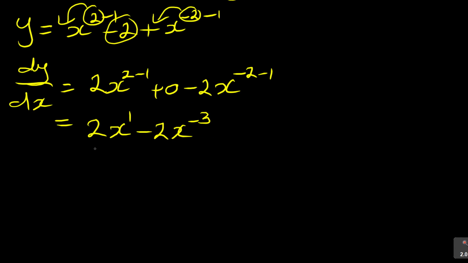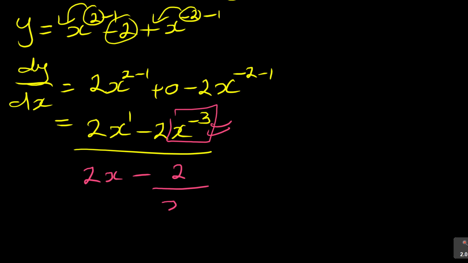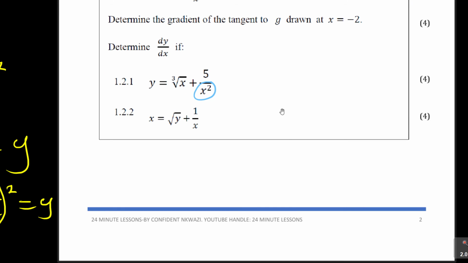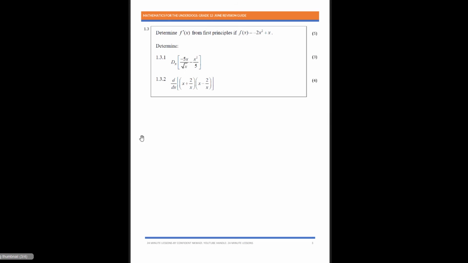This is final. You will get your full marks here like this. But if you want to continue, you've got 2x minus 2 over x cubed. It's up to you. But if you're not sure with your algebra, leave it like that. So that is that part, guys. That's how you solve this.